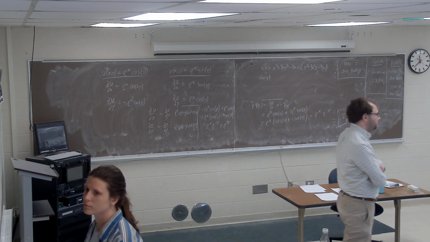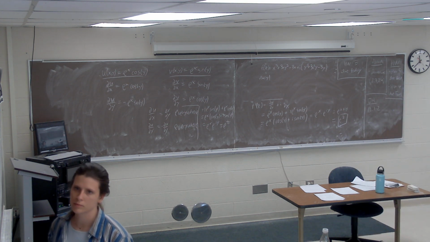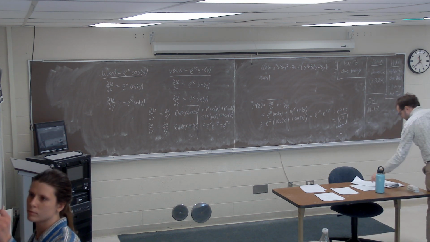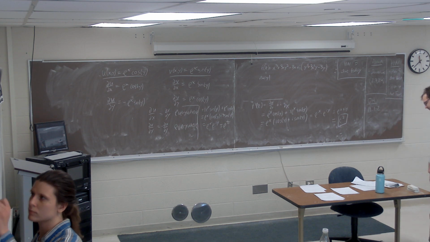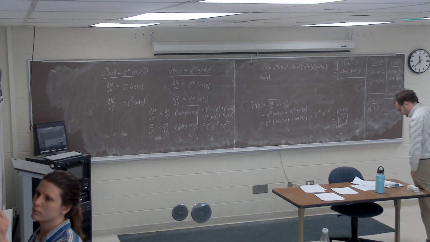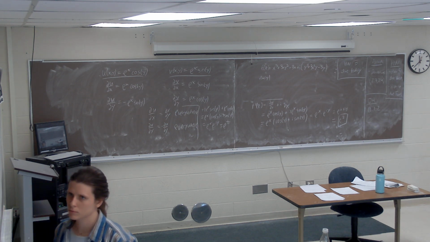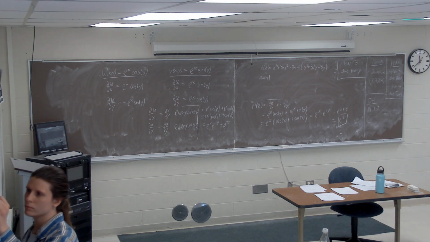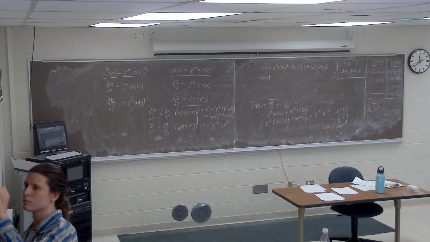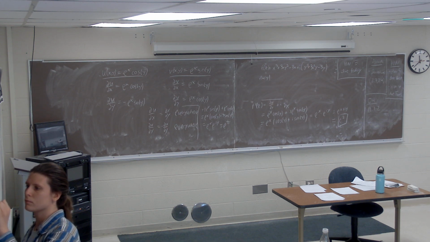Okay, so now we have to find out what f prime of z is using that equation. So f prime of z equals du dx plus i times dv dx. It's del u del x plus i times del v del x.